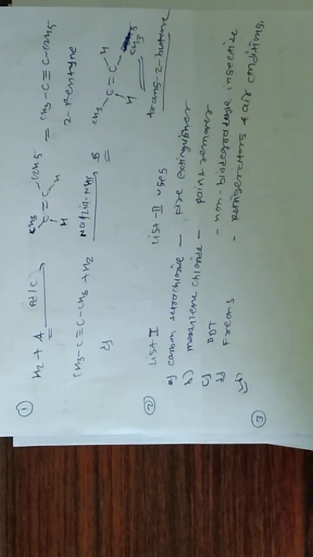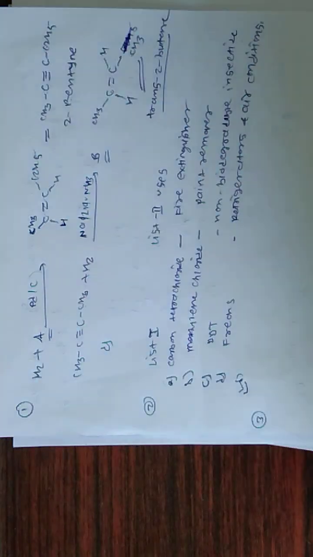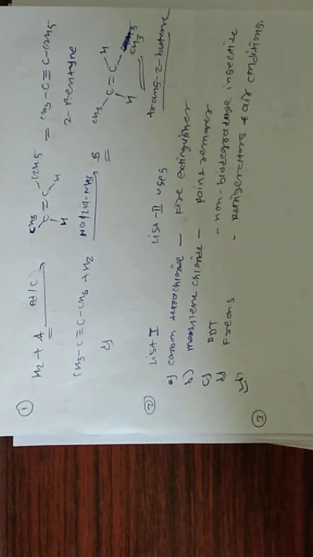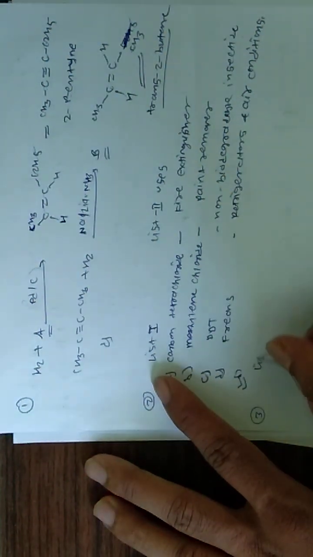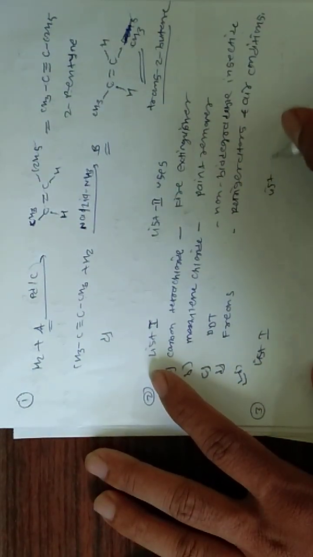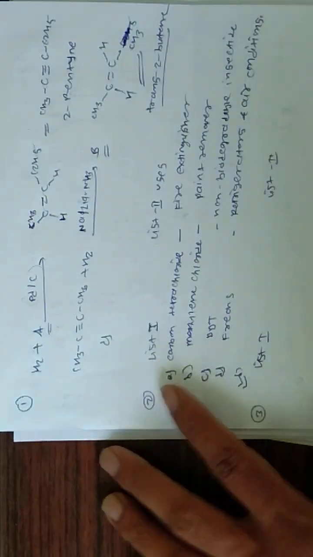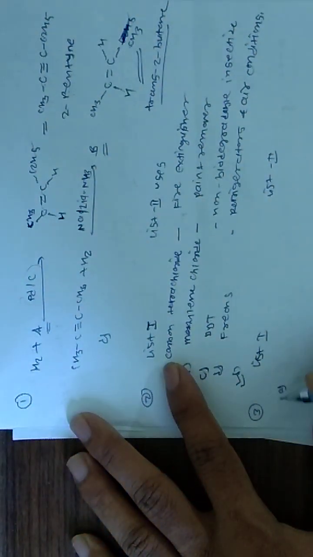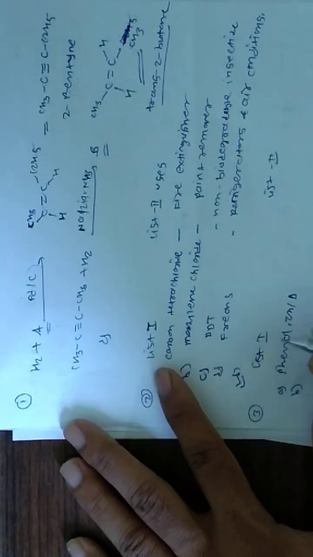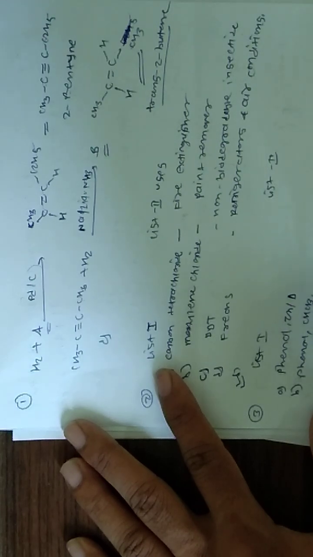So now the third question. Here also the question is match list first and list second. In list 1 reactants are given and in list 2 products are given. So here the first one is phenol in the presence of zinc and heat. B is phenol with CHCl3, that is chloroform, NaOH, HCl.